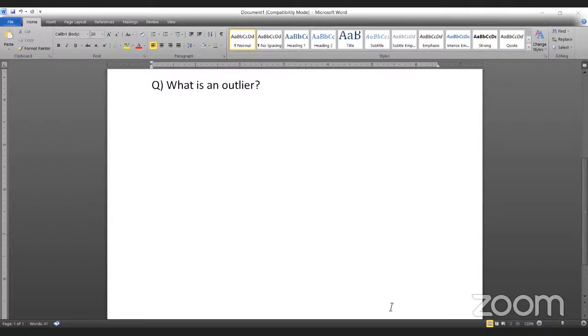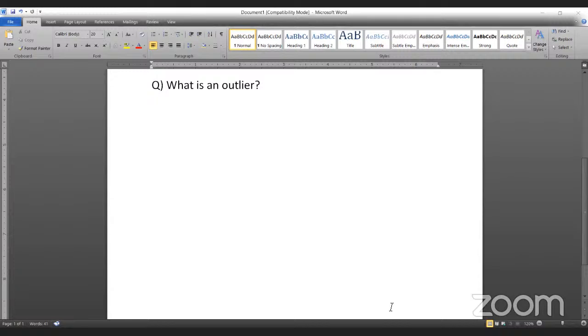This outlier can also be said to be noise in the data. So it decreases the accuracy as well as efficiency of the model. Therefore it is crucial that we either remove them or do some corrections for them.